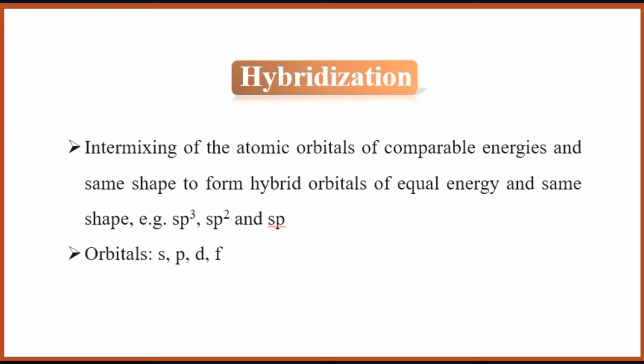For example, we will see in the sp3, sp2 and sp hybridization. And in these cases, there are different orbitals that take part in the process of hybridization, that are s orbital, p orbital and d orbital as well in the higher categories of the hybridization.